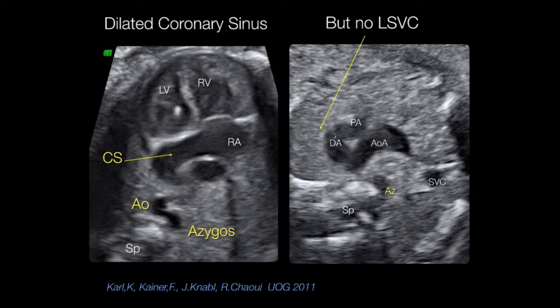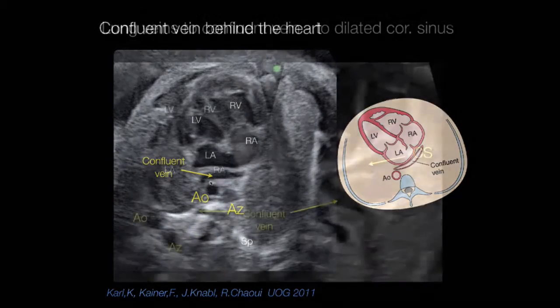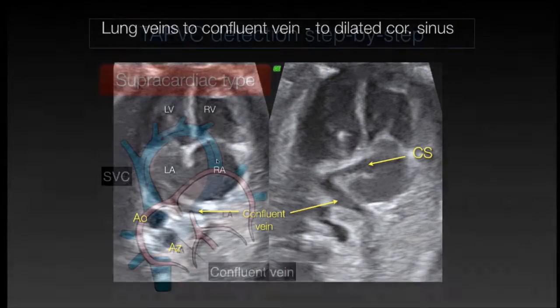What is leading to the coronary sinus dilation? This would be something different. But you see that behind the heart, we have here an azygos vein. It means we have a venous anomaly, so we check for the veins. And then you see that behind the heart here, we have the confluent vein. And in the next plane, this is draining into the coronary sinus, leading to its dilation. And this is the cardiac type of connection, into the coronary sinus.